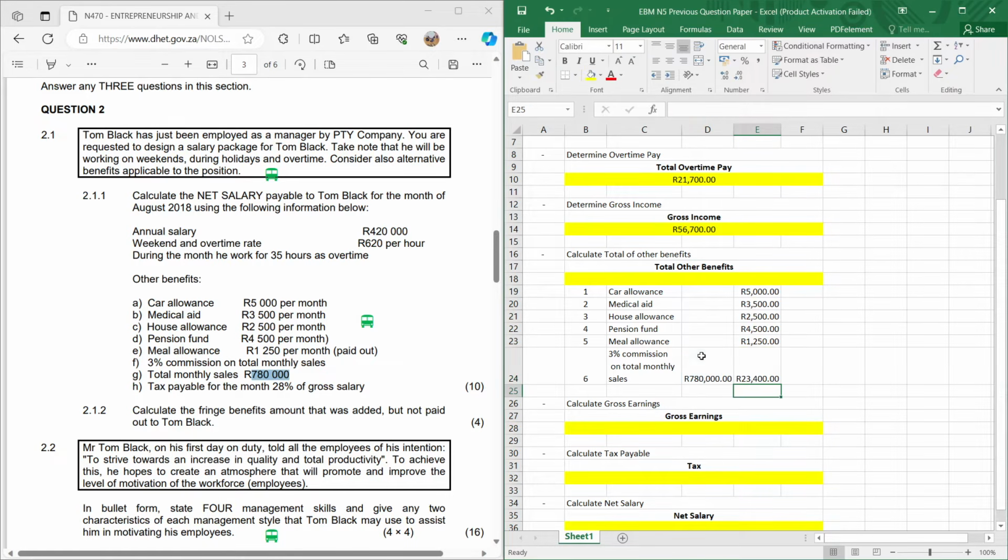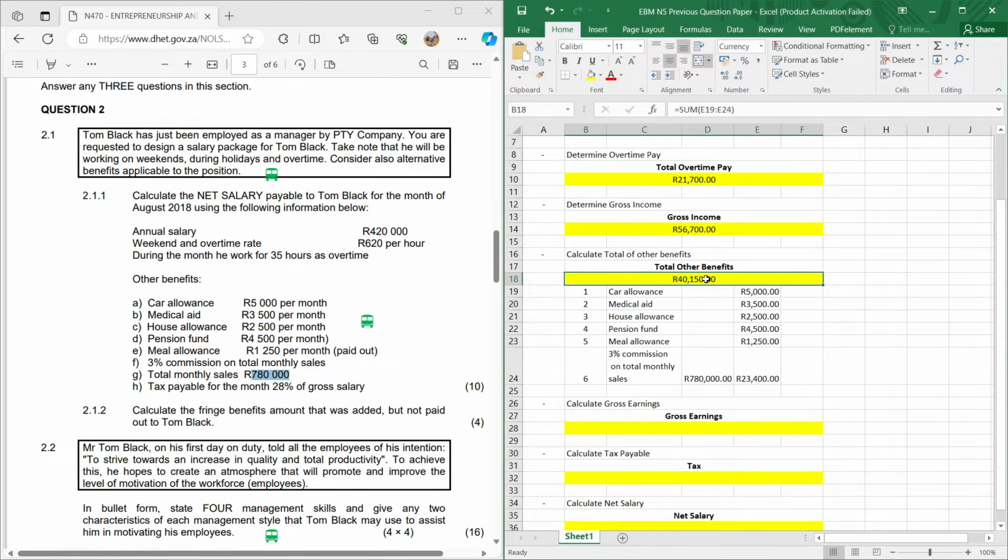So now that we have this amount, we need to add all these other amounts plus the 3% commission to get the overall benefits amount. And we simply do that by adding them. So I'm going to go ahead and add them. There we go. We get a total of 40,150.